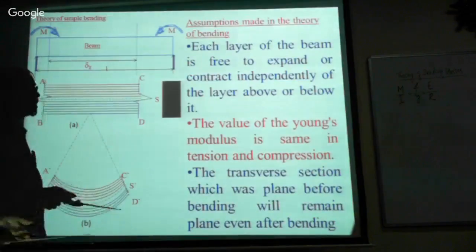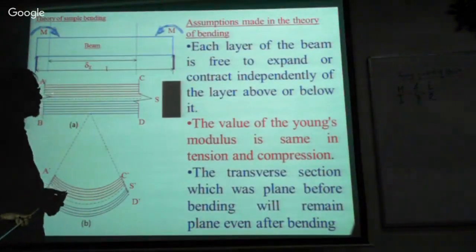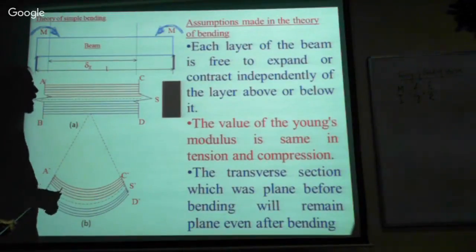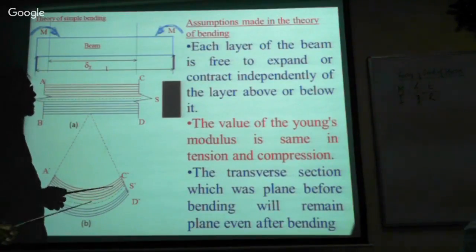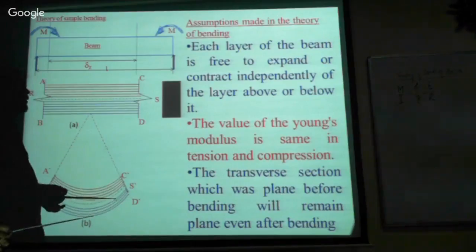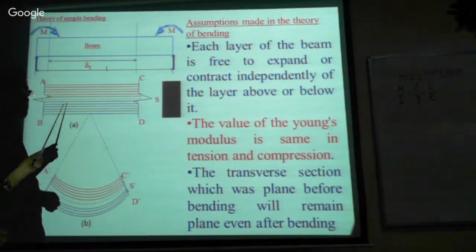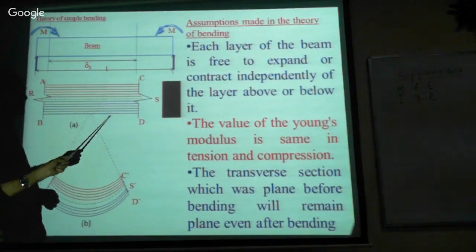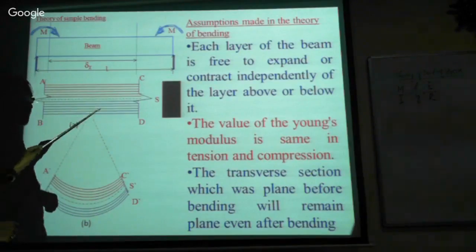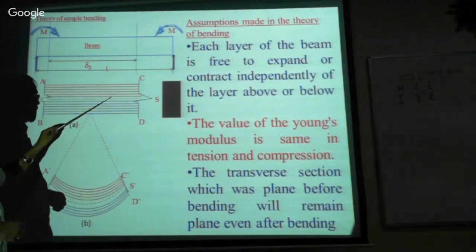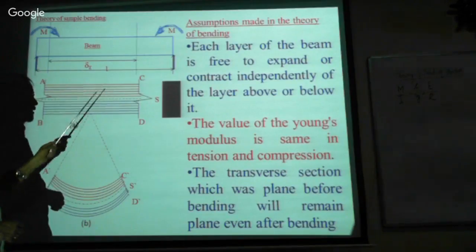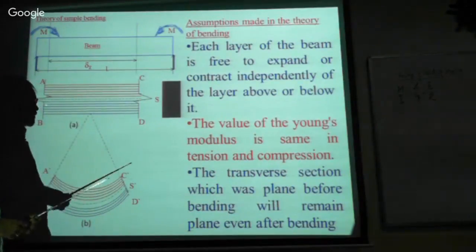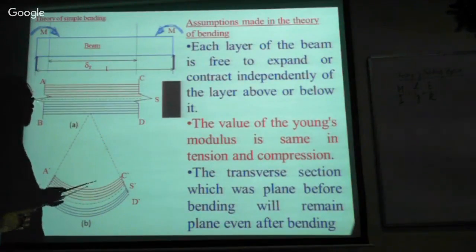The next one is the most important assumption: the beam is made up of a number of layers, and each layer is independent either to contract or expand, depending upon the load condition and the deformation.